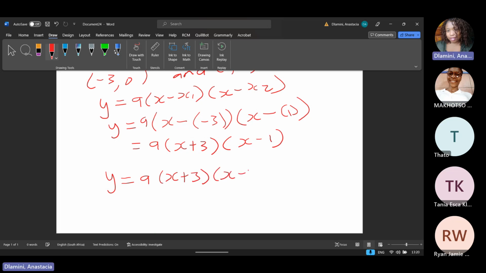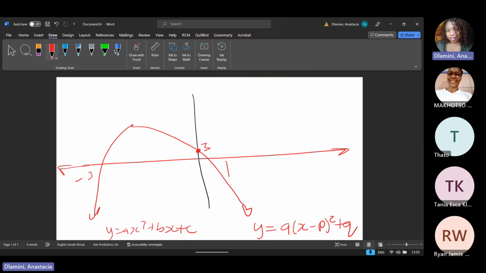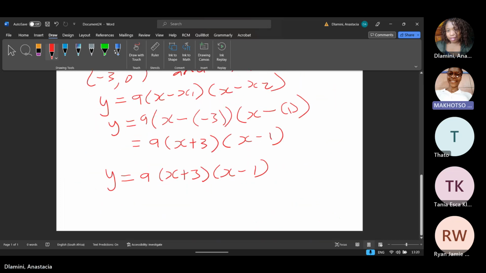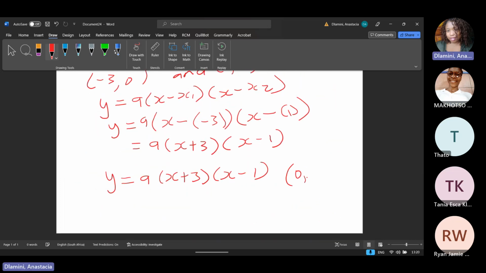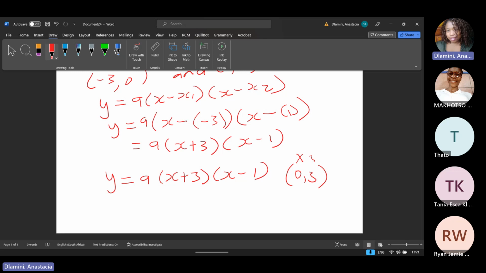Which point can I use now? We're going to use the y-intercept, which is (0, 3) here. Now substitute 0 and 3: my x is 0, my y is 3. Where I see x, I put 0, and where I see y, I put 3. So here it's 3 equals a(0 plus 3)(0 minus 1).